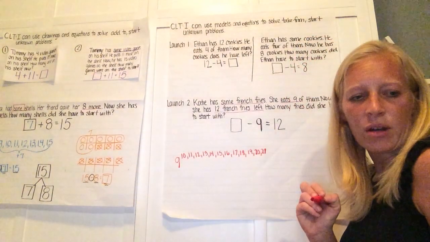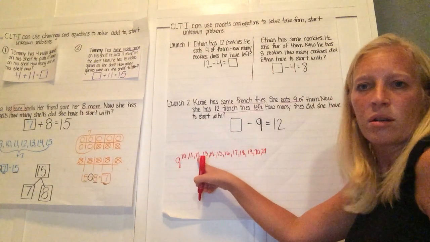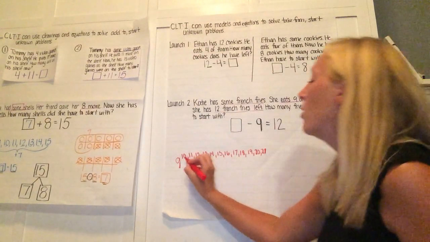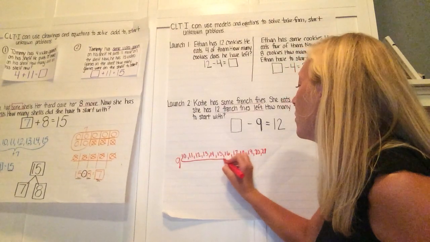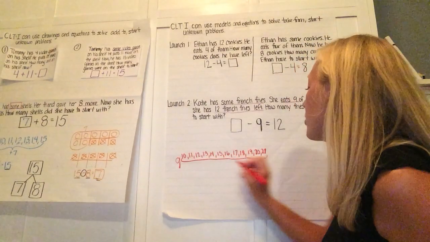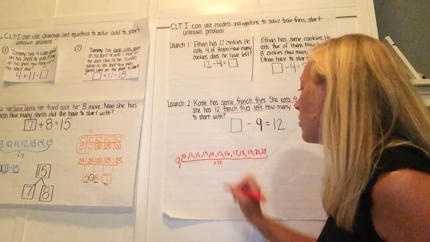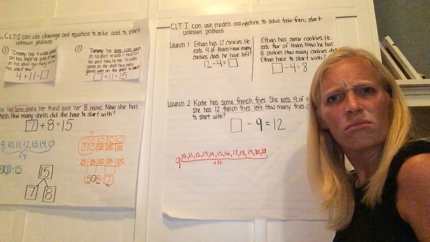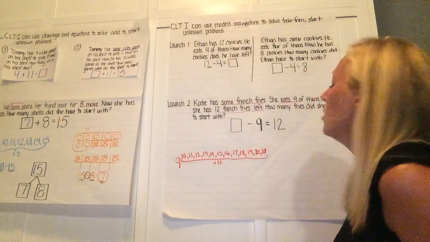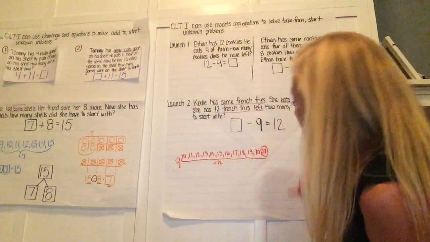Where is the 12 that you counted on? Is it this little guy right here? Oh. 12 more is right there. Okay, so what's going to go here? 21.